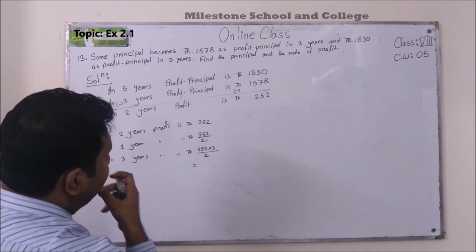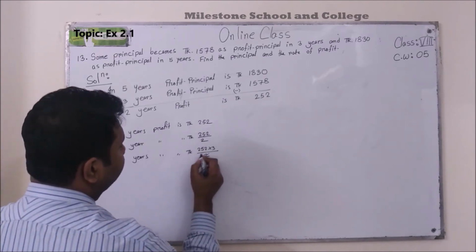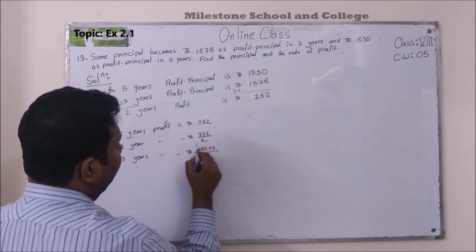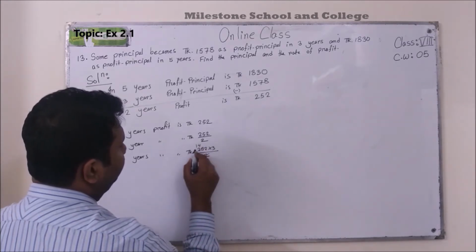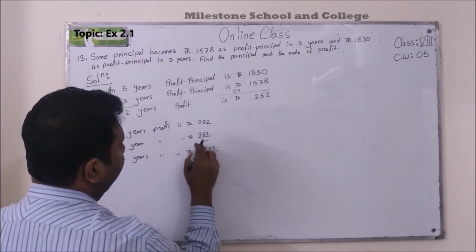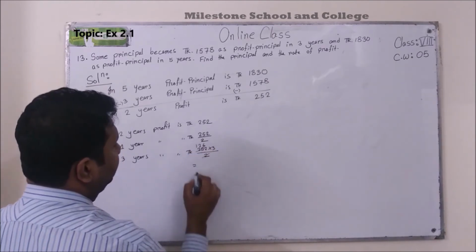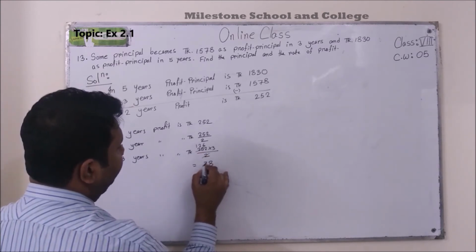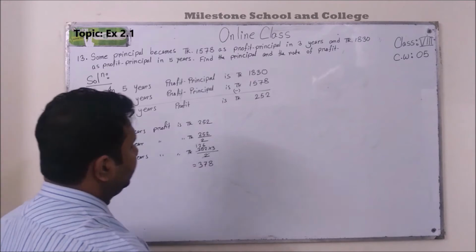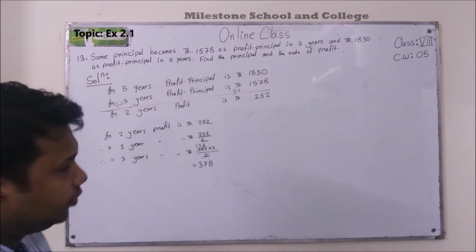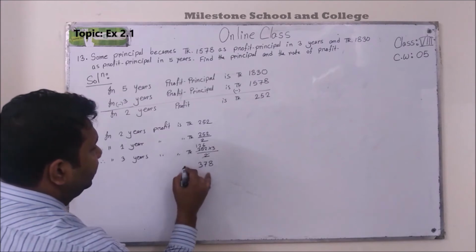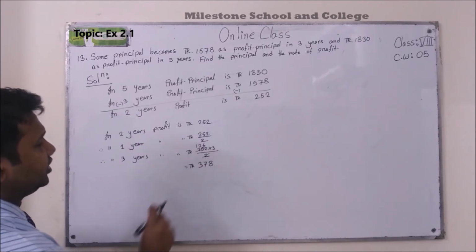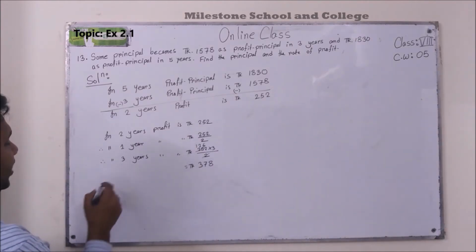So if you calculate, you will get 378 taka. So this is our profit of 3 years, 378 taka.